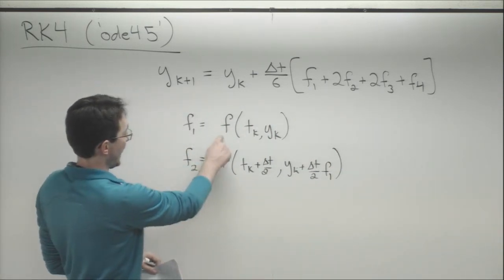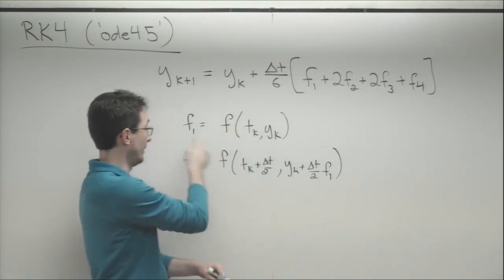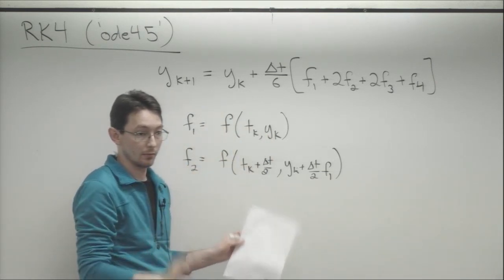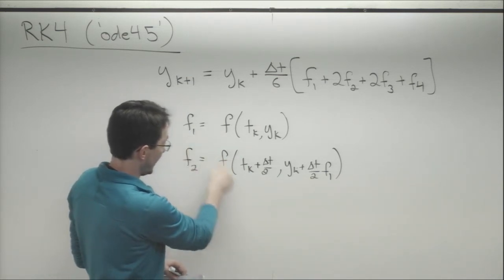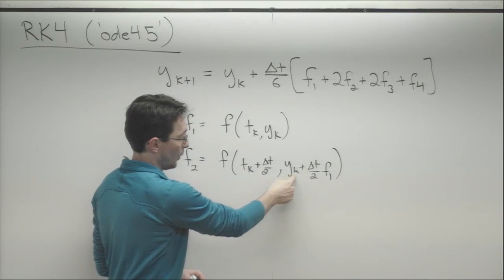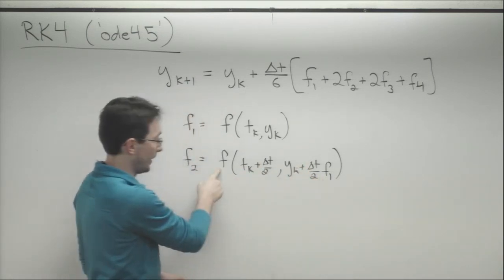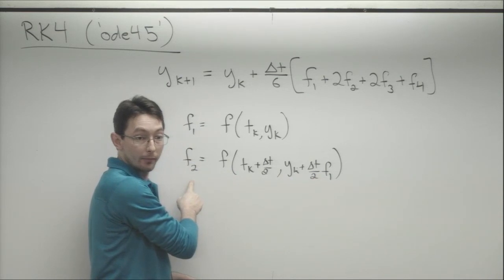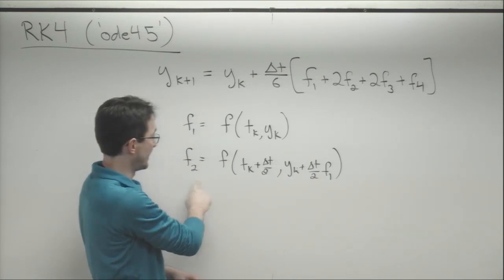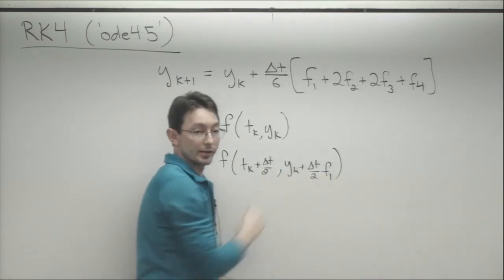So literally, if I have some right-hand side function f, I can plug in tk and yk, and I get f1. It's a vector. Then I can plug in a half time step later, and yk plus delta t over 2 times this vector f1, and I can evaluate my new vector field at that point. So this is what vector direction it's pointing a half Euler step in the future.